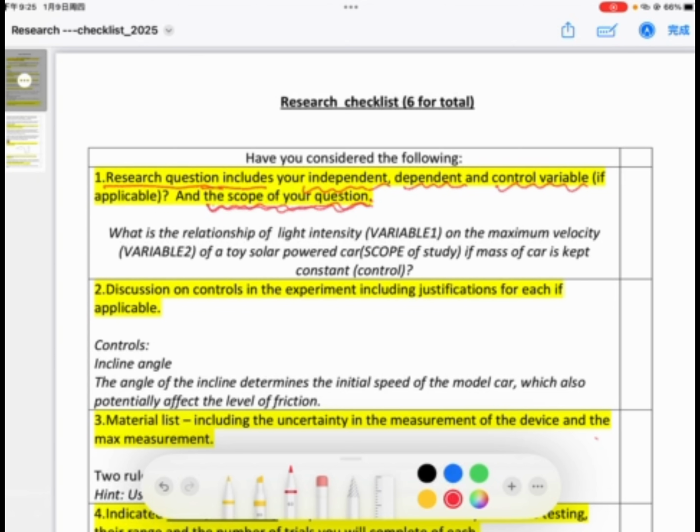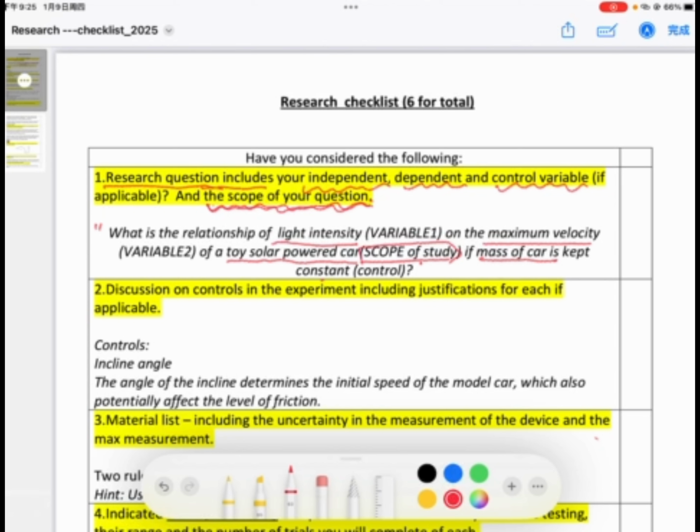This is something you should pay attention to as well. Let's take this example: what is the relationship of light intensity on the maximum velocity of a toy solar power car, if the mass of the car is kept constant?